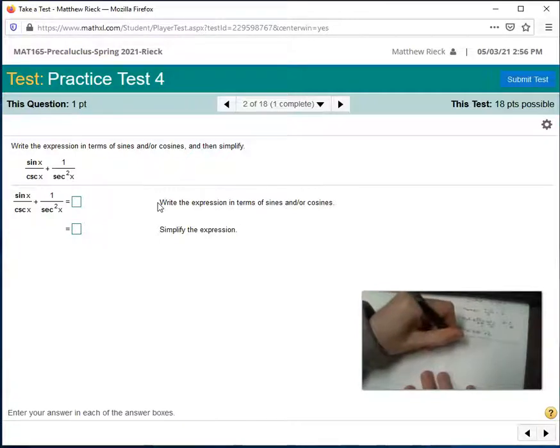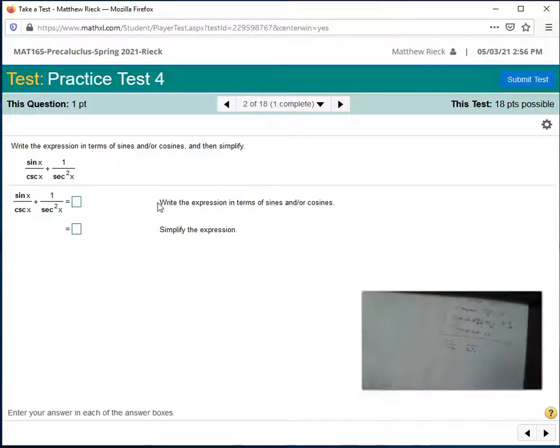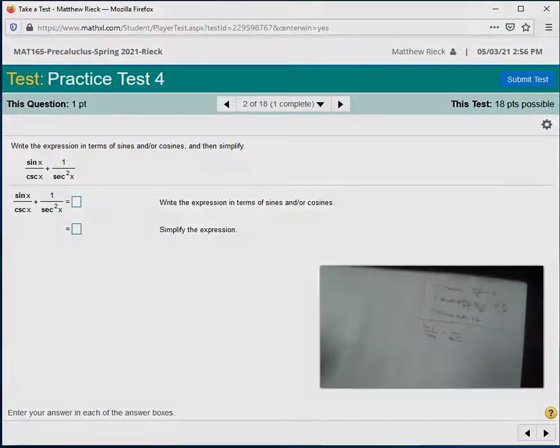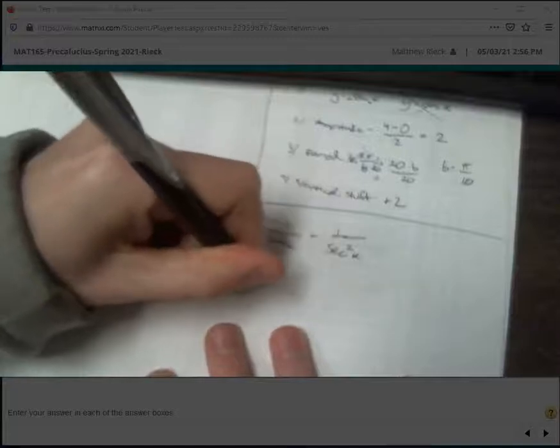So this first one, we have sine of x over cosine of x, plus 1 over secant squared of x. We're asked to write the expression in terms of sines and cosines and then simplify. So to start off, we have sine of x over cosine of x, and then 1 over secant squared of x.